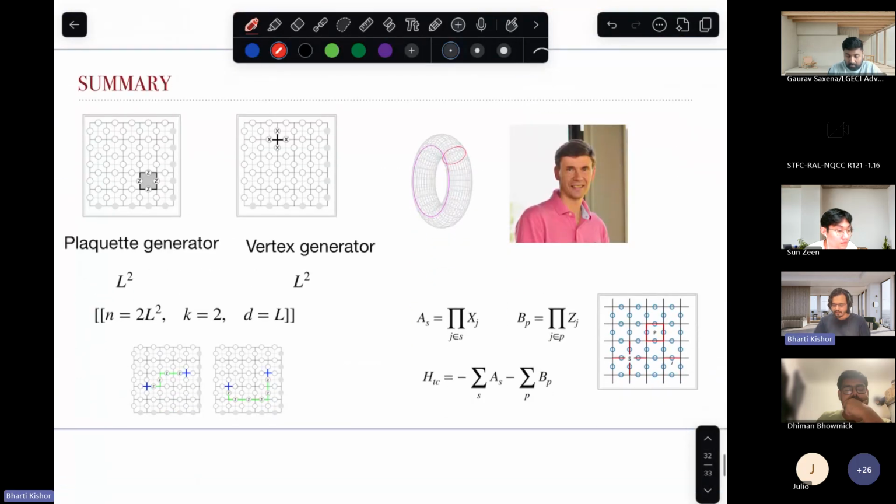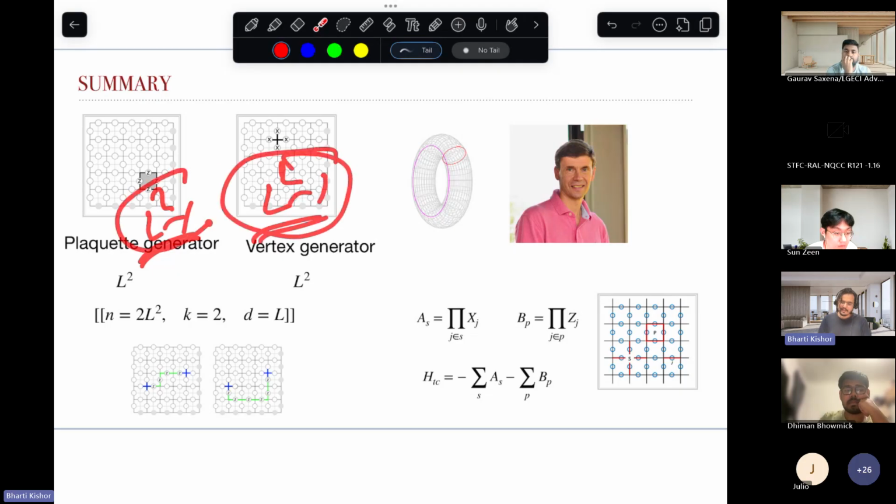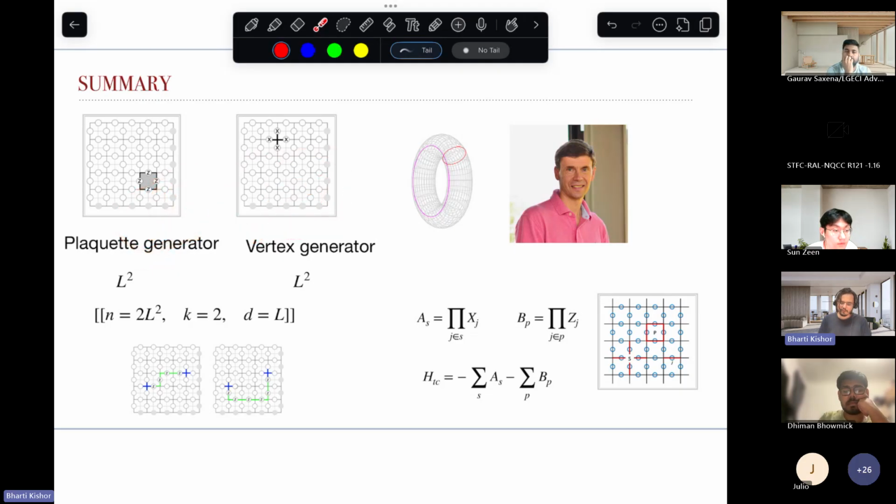So in summary, we talked about the Toric code today, where we had Z stabilizers and X stabilizer generators, and they are not all independent. There is a constraint. So you had L square minus 1 of this and L square minus 1 of this. Because of those constraints, you are left with 2 qubits.